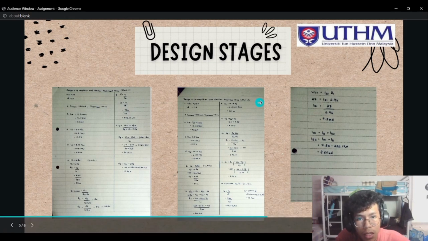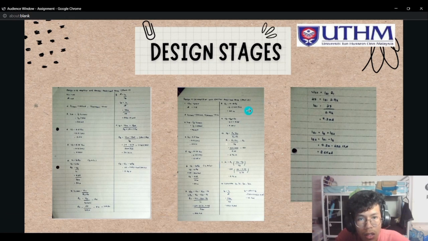For question number 8, it is to search the total amount of R2. By using the formula of 0.1 multiplied by beta and also multiplied by RE, we get that R2 is 621 ohm. For question number 9, we calculate the VB from the formula VBE plus VE, and we get 4.75 volt.